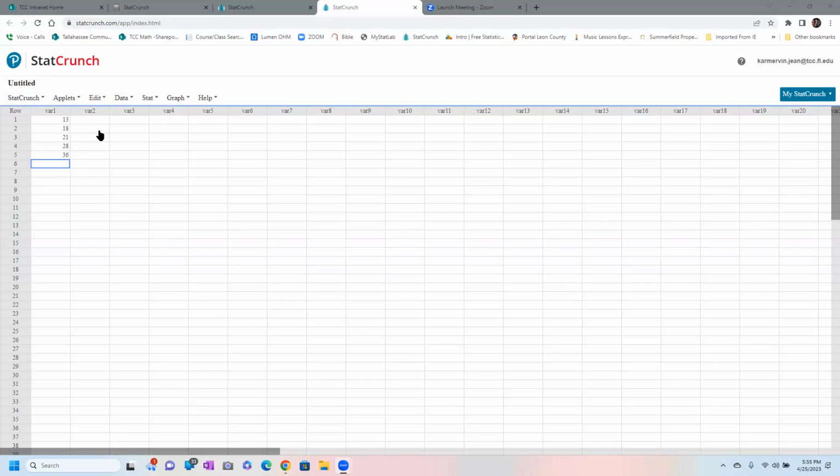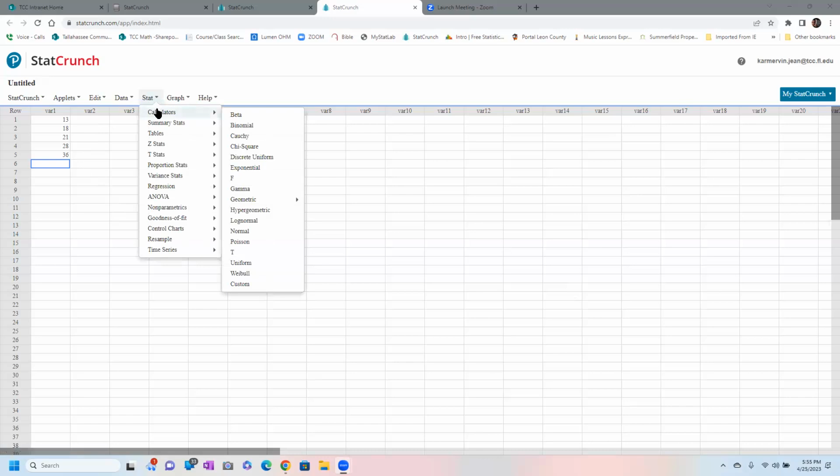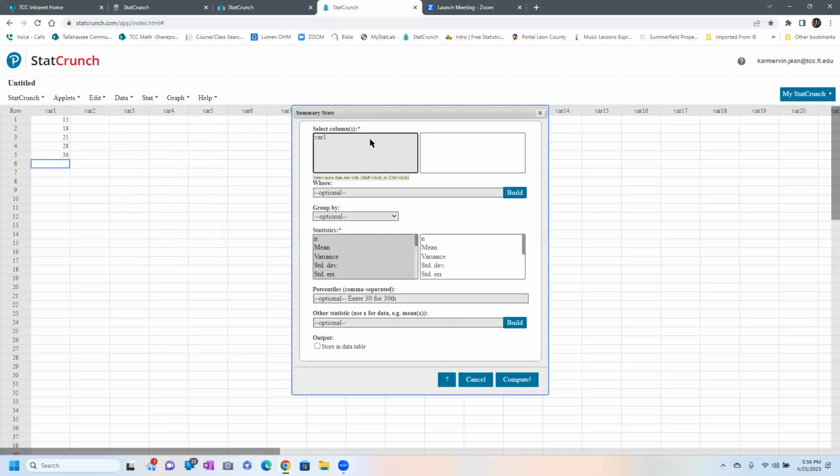Now the next thing I'm going to do is Stat. You can do Summary Stats and things like that. You go down here, and this is a column right here, and it's going to be variation 1.